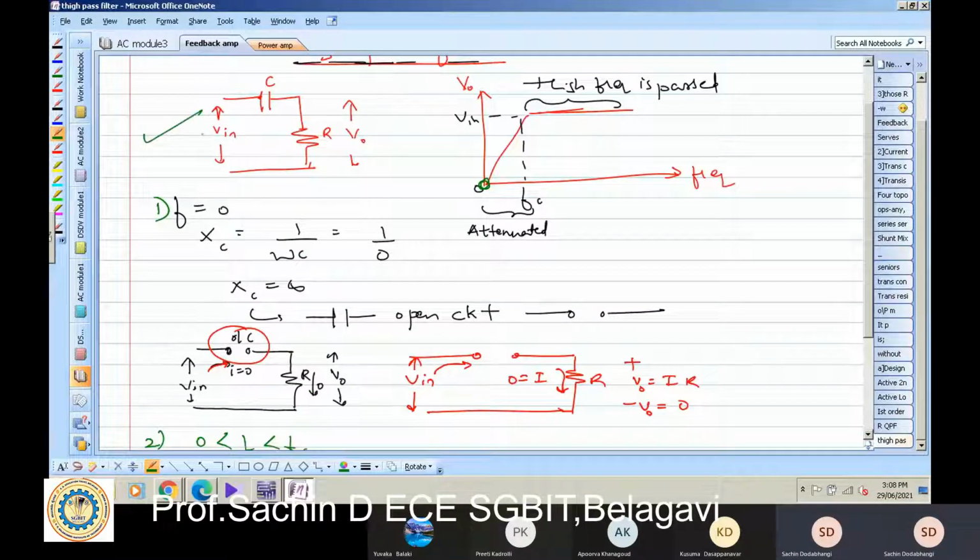Tell me the output voltage equation. Apply voltage divider rule. It is V in into... What is output voltage? Apply voltage divider rule.